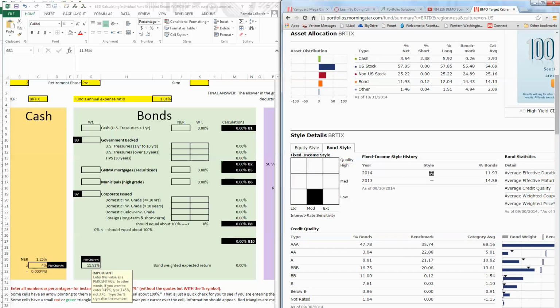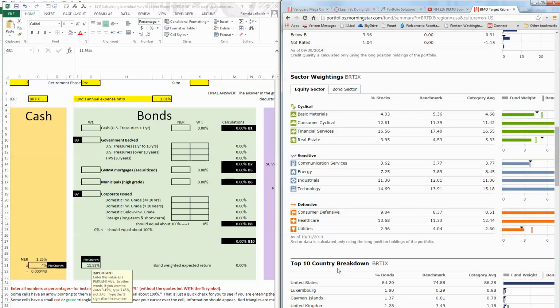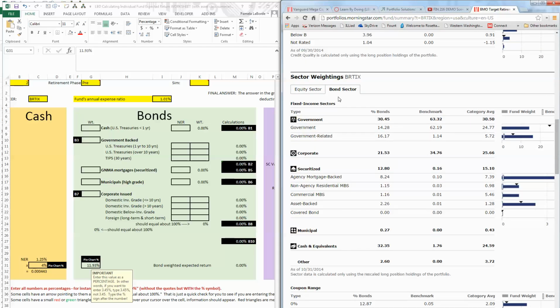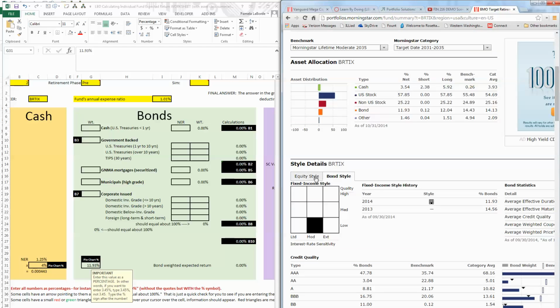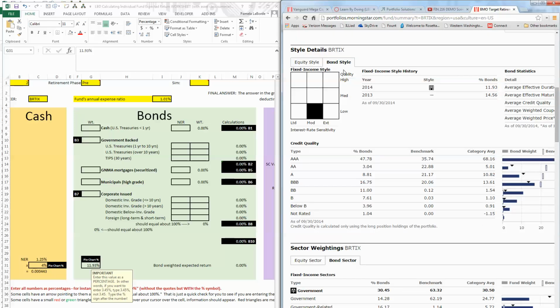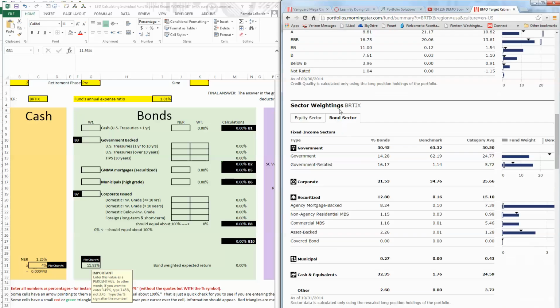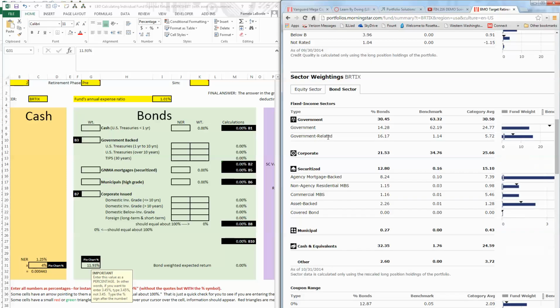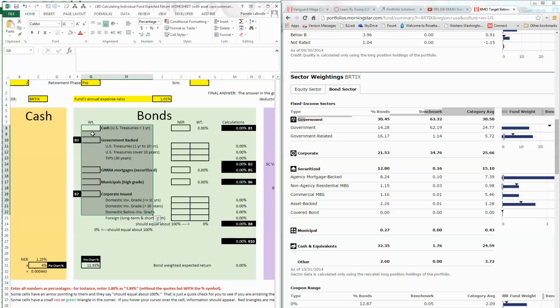They don't break the bonds down into... Oh, here we go. I have to... I didn't notice this before. There's a bond style tab here and a bond style tab here. And I thought if I clicked this bond style tab, it would do everything related to bonds, but it didn't change it down here. So I had to click this one to find the data. Okay. So now I have my percentages to fill out this section right here, these weights.